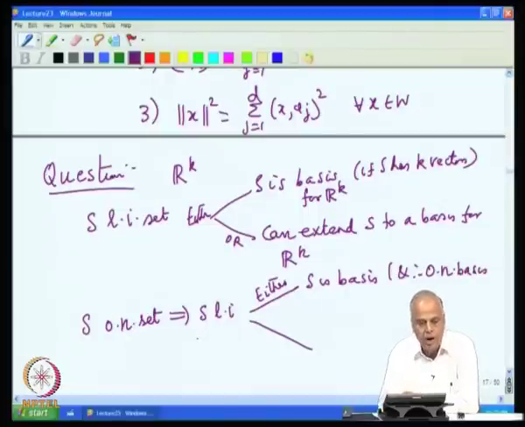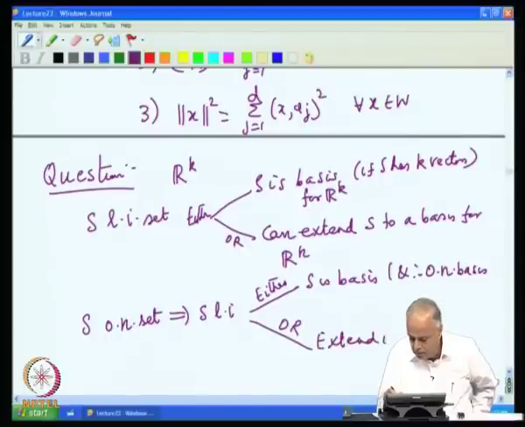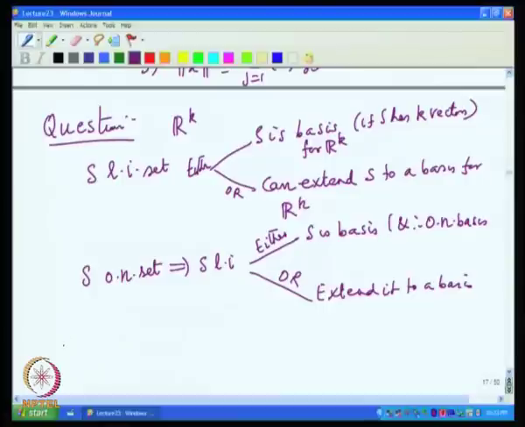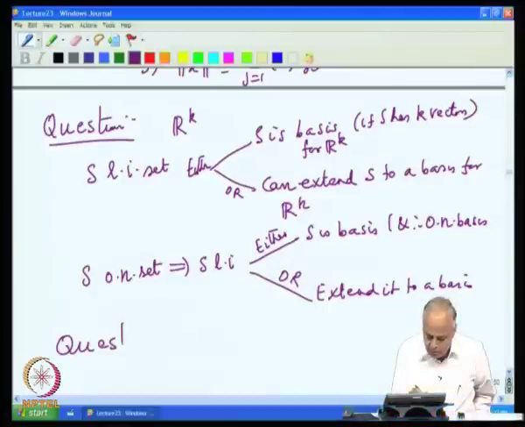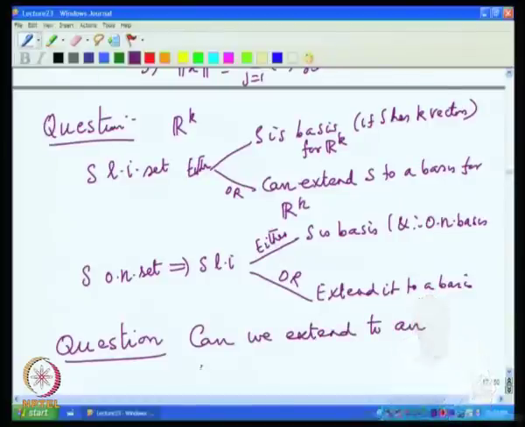But if it does not have k vectors, we can extend it to a basis, but we do not know whether what we have extended to is an orthonormal basis. So, the question is, can we extend to an orthonormal basis?